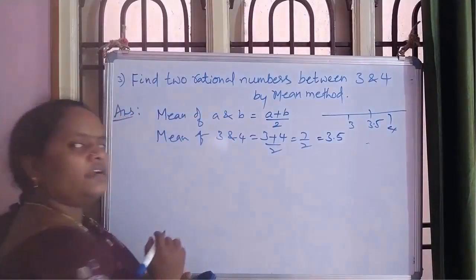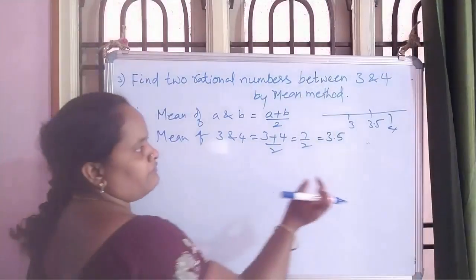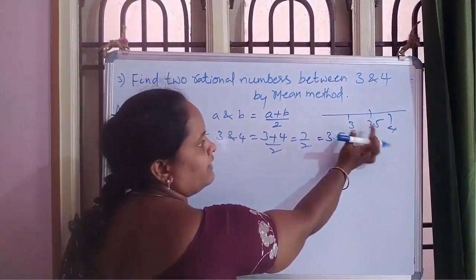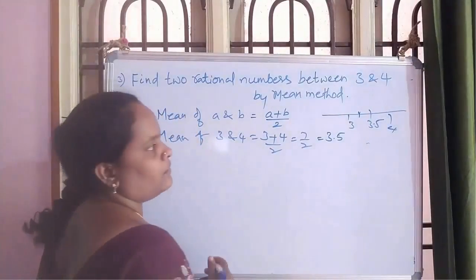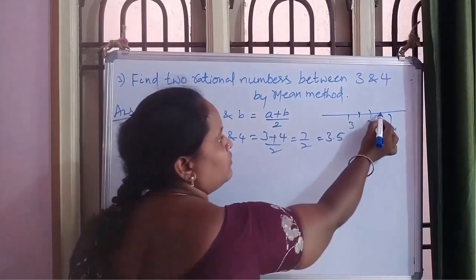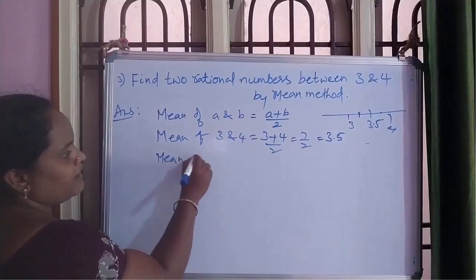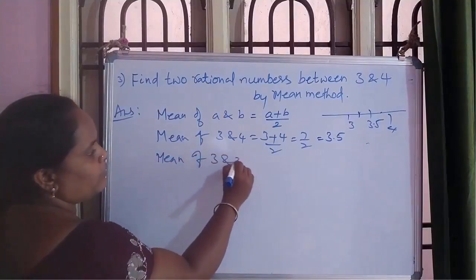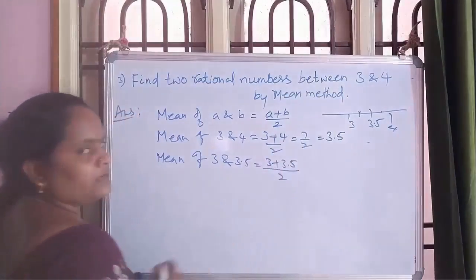Now I want one more number, because they are two rational numbers. So now if I find the mean of 3 and 3.5, that lies between 3 and 3.5, the mid value of 3 and 3.5. Or I can find the mid value of 3.5 and 4. Any one. I am finding the mean of 3 and 3.5, that is the sum of quantities divided by total quantities.